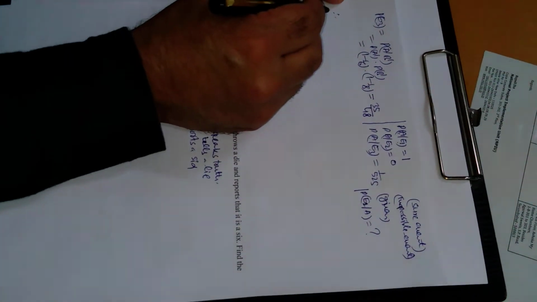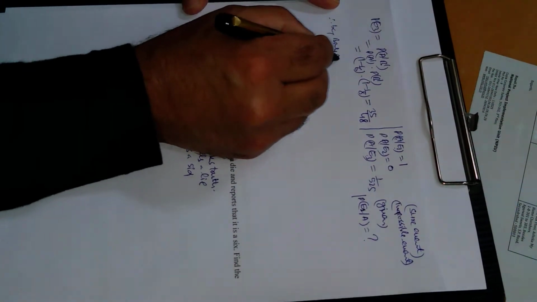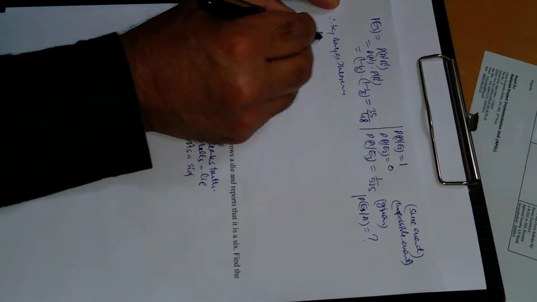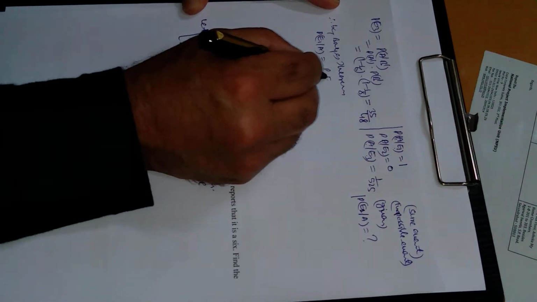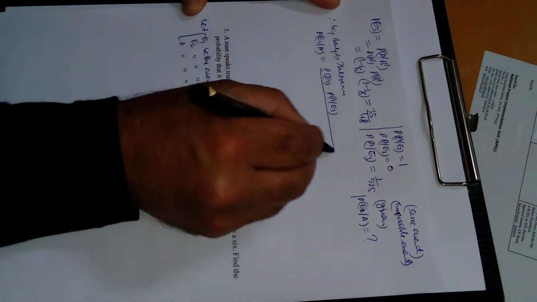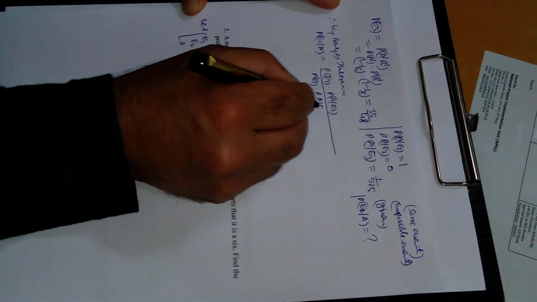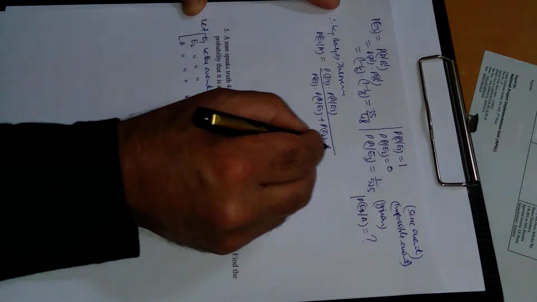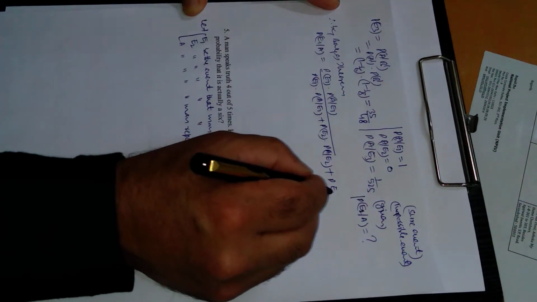Therefore, by Bayes theorem, P of E1 given A will be P of E1 into P of A when E1 has already occurred. This time there will be 3 terms in the denominator: P of E1 times P of A given E1, plus P of E2 times P of A given E2, plus P of E3 times P of A given E3, because 3 events are there.